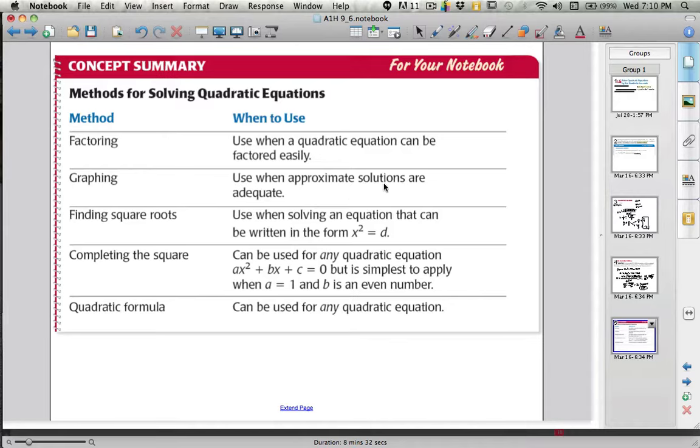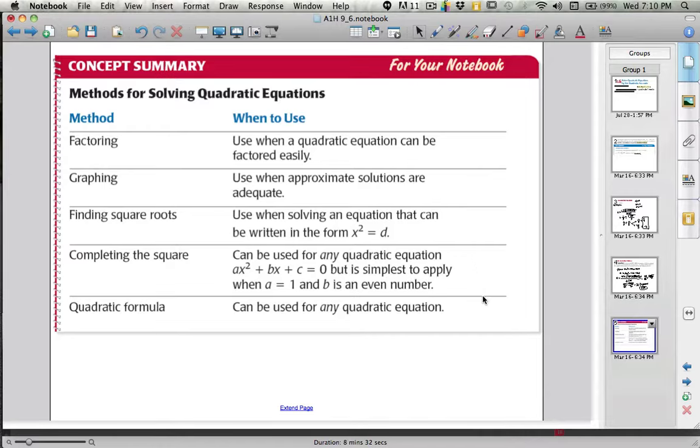when approximate solutions are adequate, meaning I don't have to have an exact number, because there's no guarantee that my x-intercepts are going to work out to be whole numbers, which are the easiest solutions to find by graphing. Finding square roots, I'm going to find square roots when I can isolate a perfect square on one side or the other. And that sort of is combined here with completing the square.